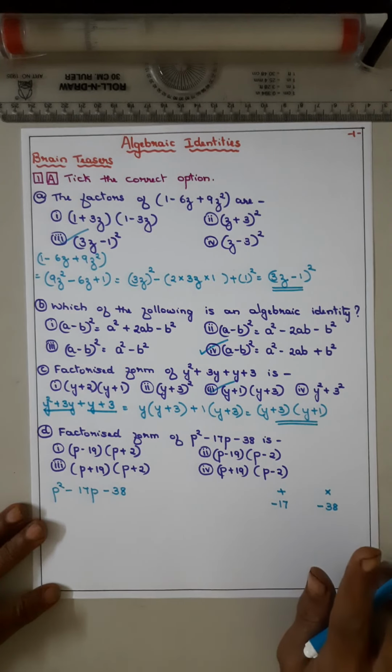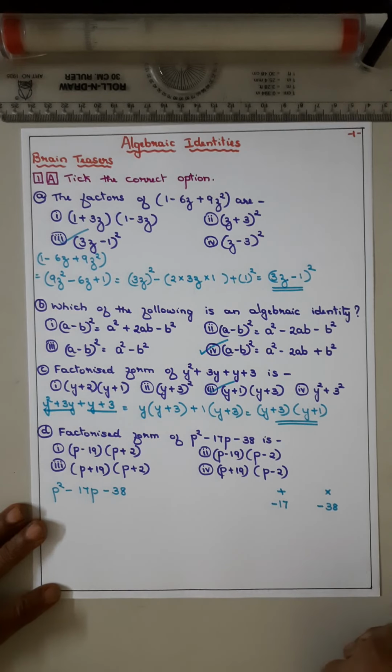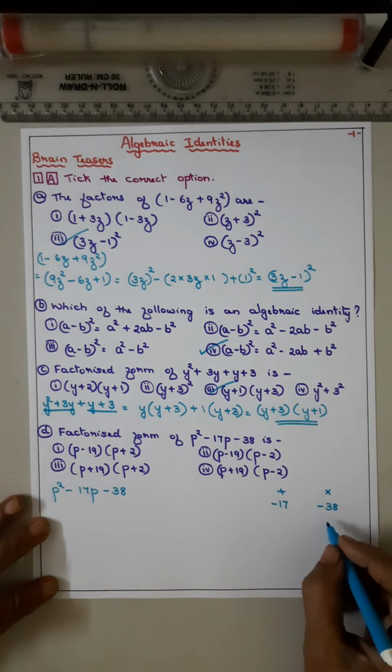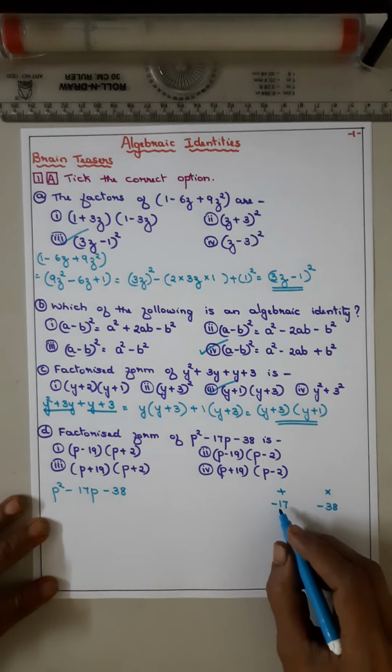सो दो नंबर को जो सब्ट्रैक्ट करने के वक्त आप लोगों को 17 आएगा, कौन सा वाला. सो मल्टीप्लाई करने के वक्त 38 और सब्ट्रैक्ट करने के वक्त 17.